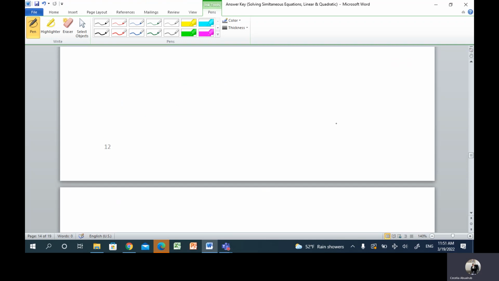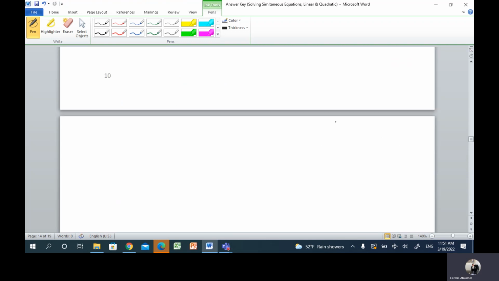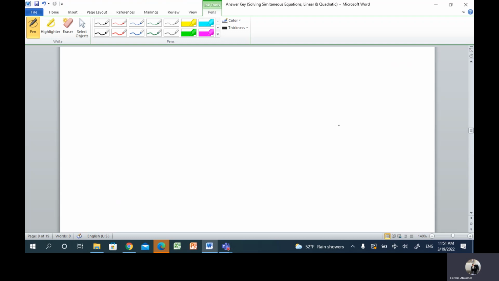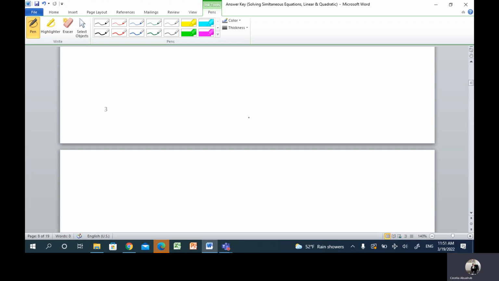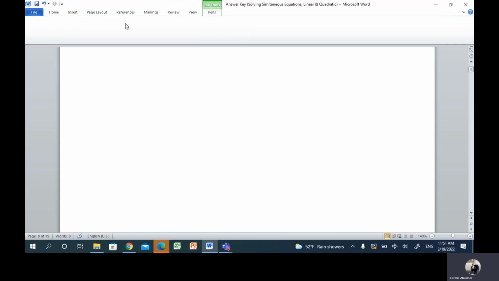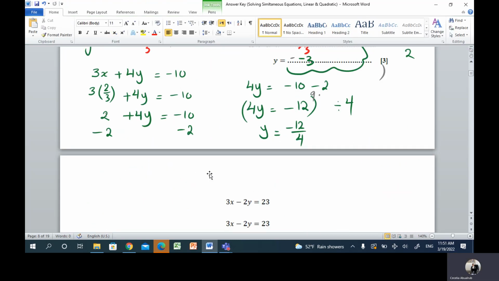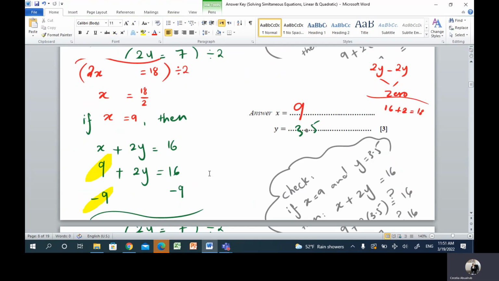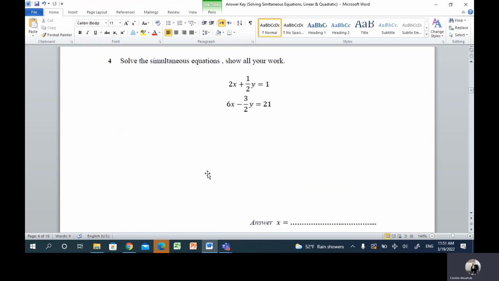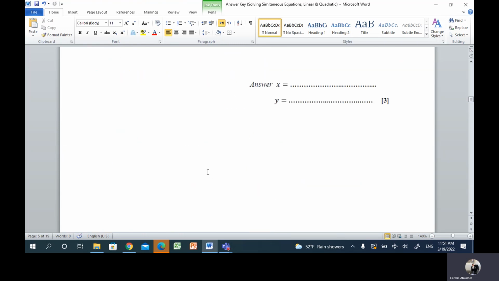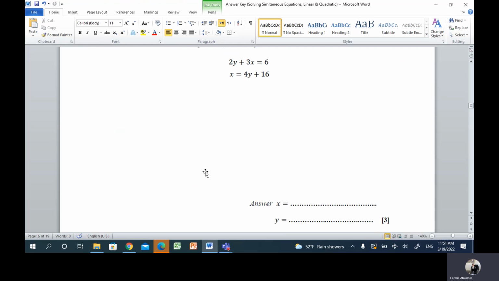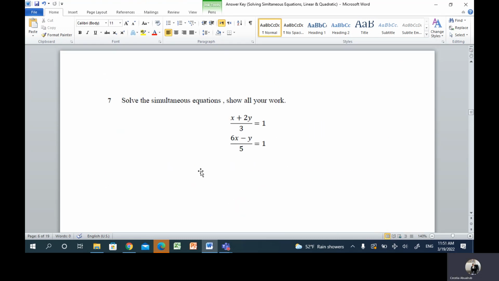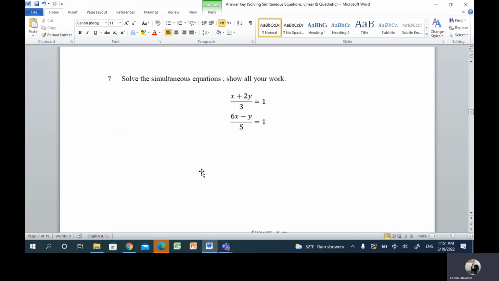Okay, I'm going to do one example on one that is linear and the second one is linear as well. So let me choose one that I think is a bit hard. Okay, let me do this one.